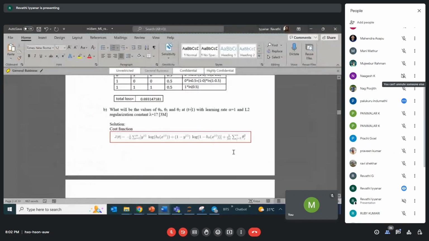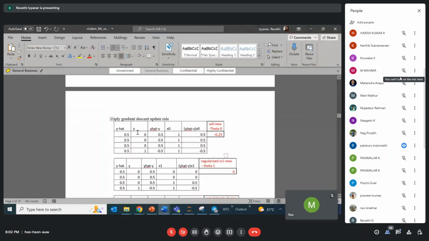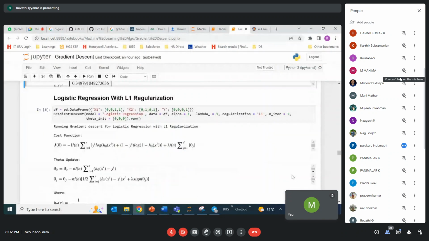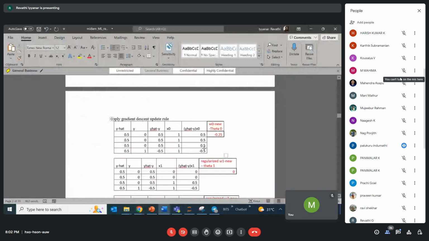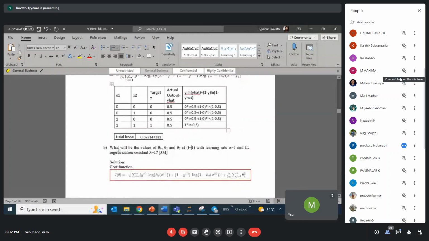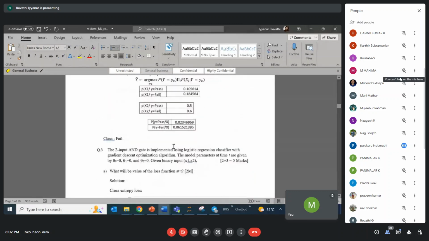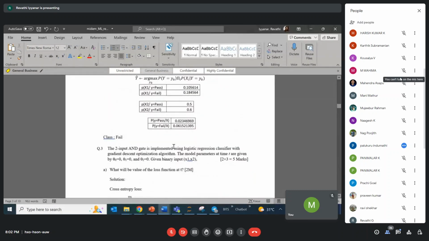Just that this table has to be written. Why not more? They can ask, no? Not more than this with respect to logistic regression. This is for gradient descent specifically. Gradient descent is there and coefficient theta also we are finding. Yeah, I think it is there.